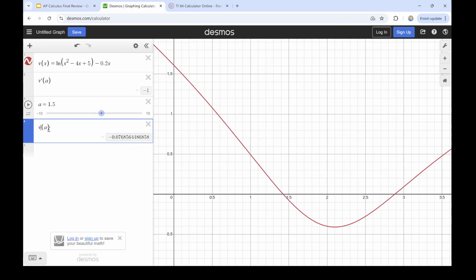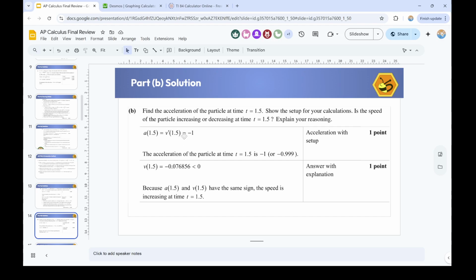I don't think I need the second derivative, just the value itself. This is the velocity function, so the derivative of velocity should be acceleration. And at 1.5, it is -1. So we just need to write that back here and say that it is -1. So 1 point for acceleration with setup.